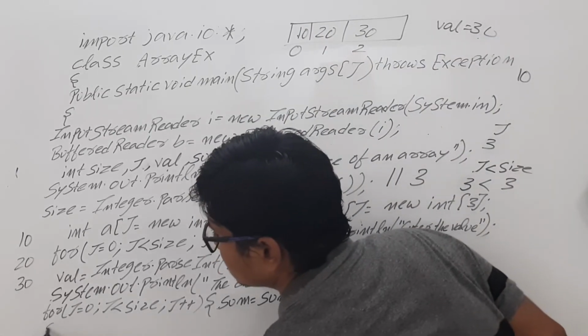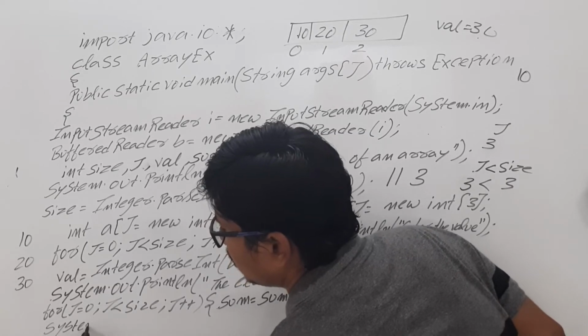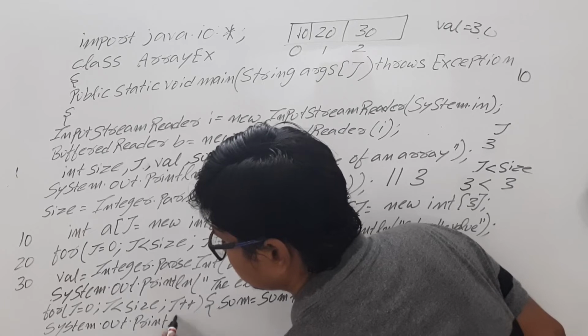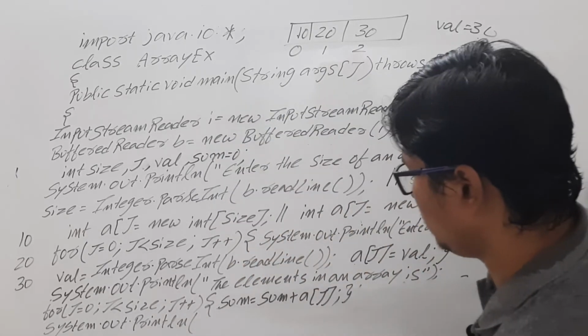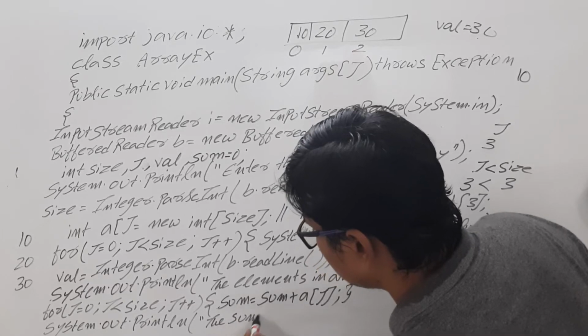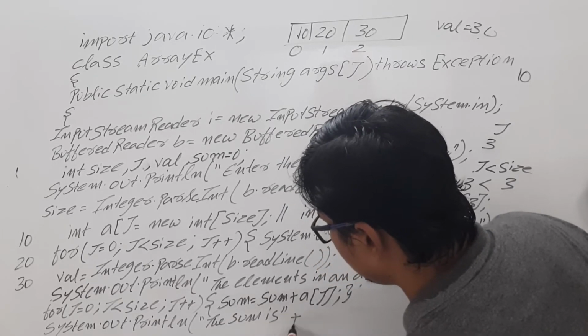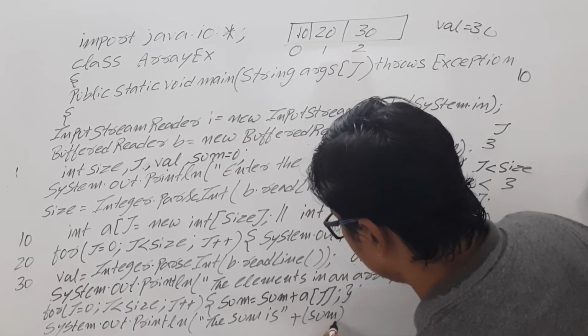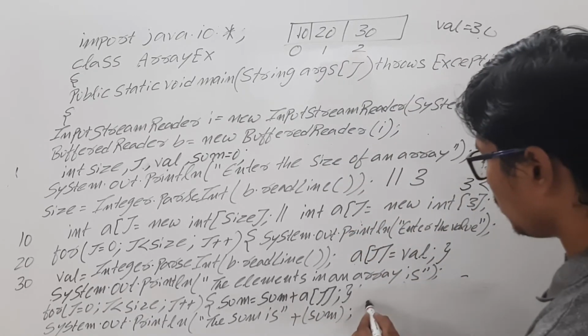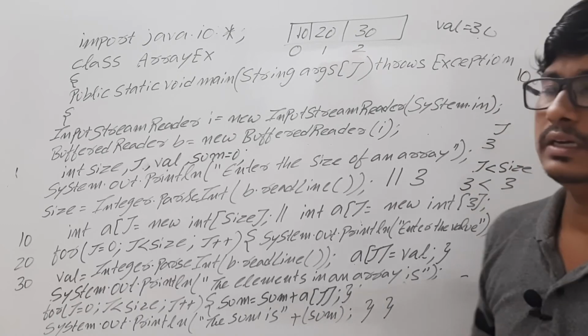So I will write system.out.println, then the sum is, plus of sum. You will close this system.out.println, close the main, close the class.